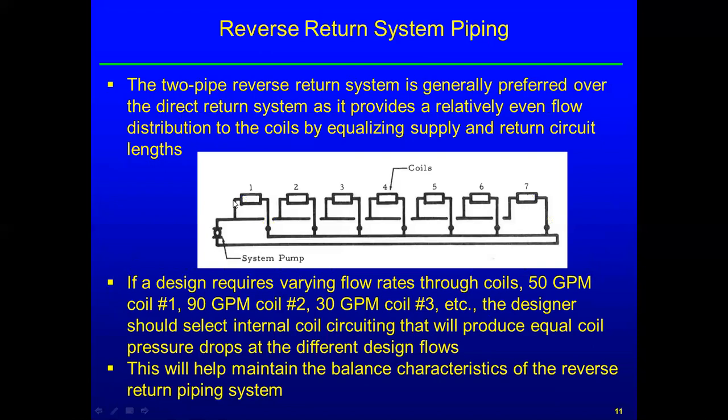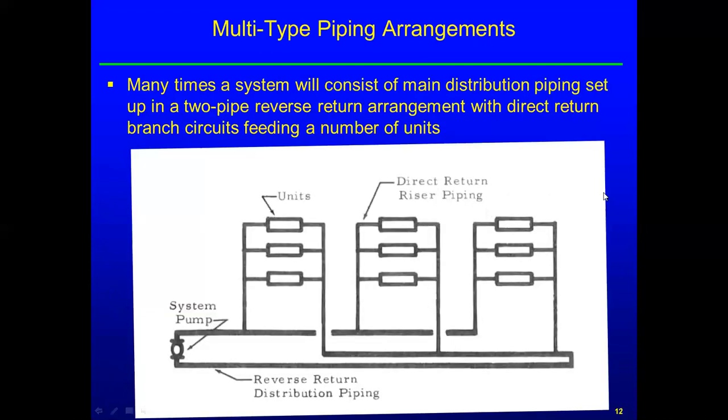So even if the flows are different, we want the pressure drop across each coil to be about the same, and then the reverse return will equalize the piping distances and make it much easier to balance. So that's interesting to know.